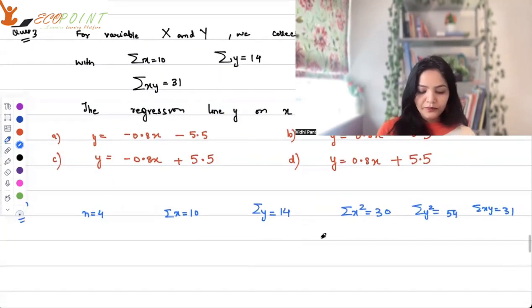So therefore, y equals to ax plus b. Any line y is equal to ax plus b, what will be your a and what will be your b?